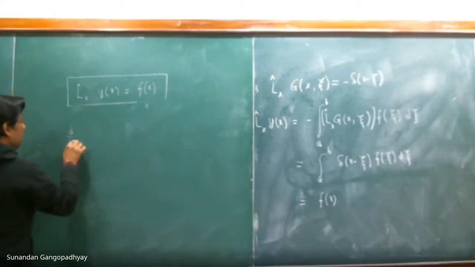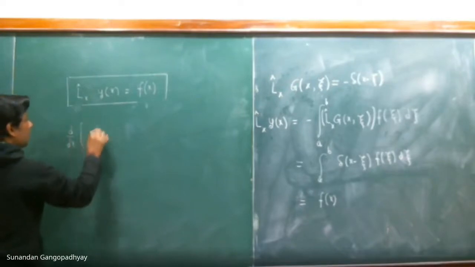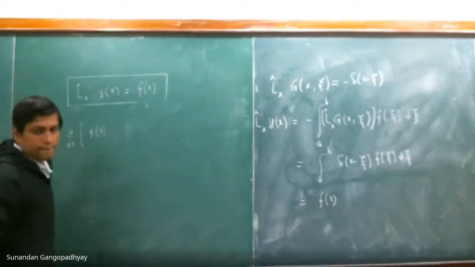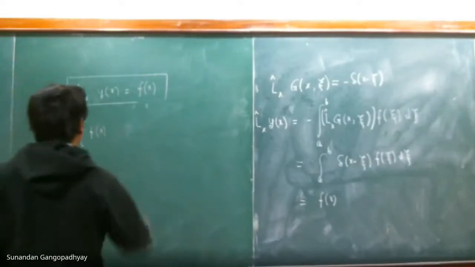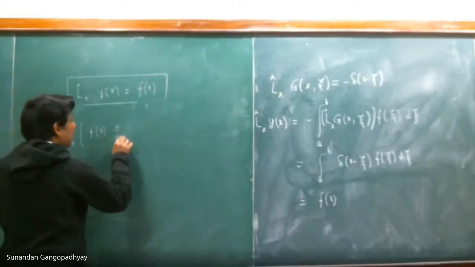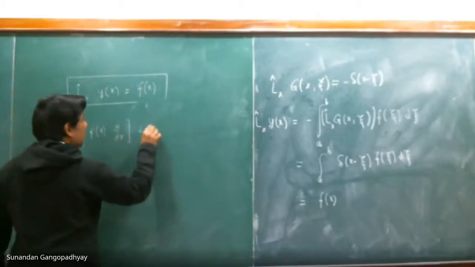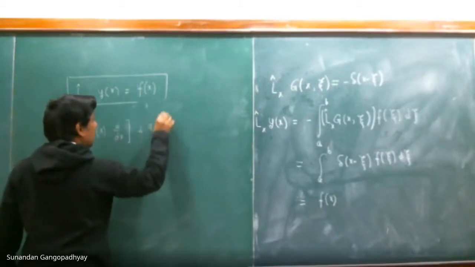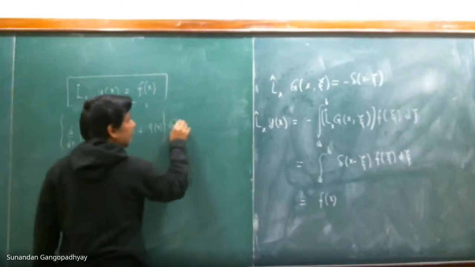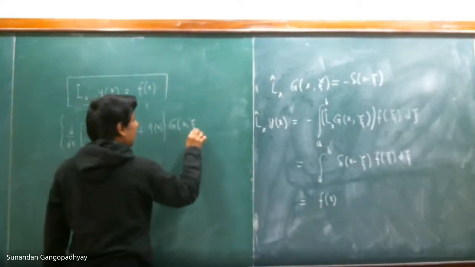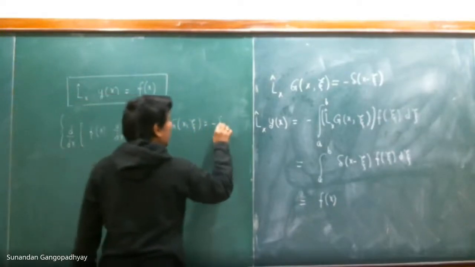This is p of x d/dx plus q of x acting on g of x comma xi, equal to minus delta x minus xi.